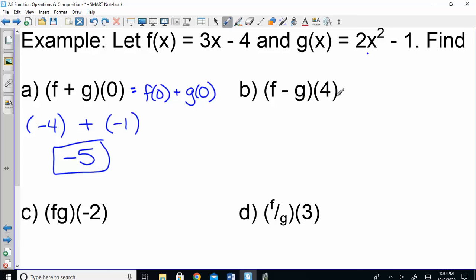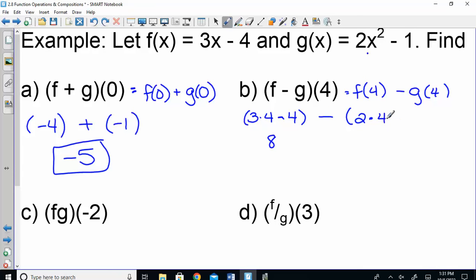So B, same idea. What number are we plugging in this time? 4, and then we're going to subtract the two answers. So f of 4, if I put a 4 in here, 3 times 4 minus 4. So we get 12 minus 4 is 8. g of 4.